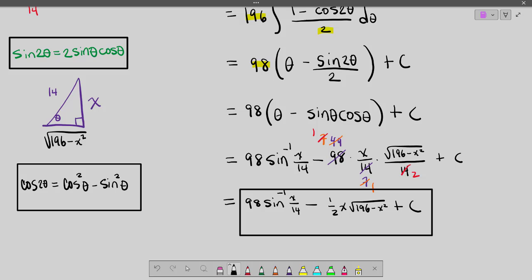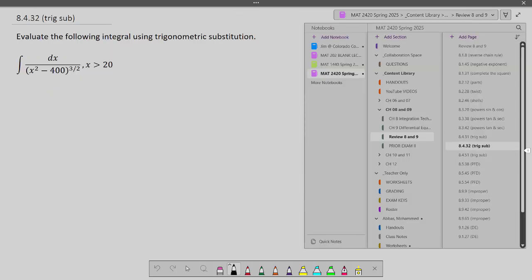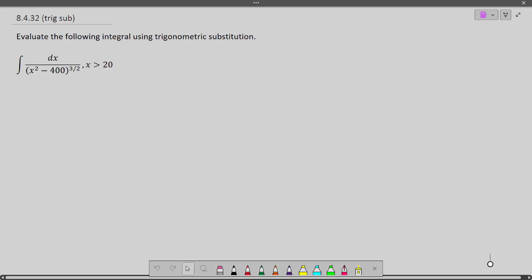On the inside, we'll do it one step at a time just to make sure we don't miss anything. This is going to be secant squared minus 1 converts to tan squared. Tangent squared to the 3/2 is going to be what? Tangent cubed. So here we have power to power. When you have power to power, that's when you multiply the exponents. So 2 times 3/2 will be 3.